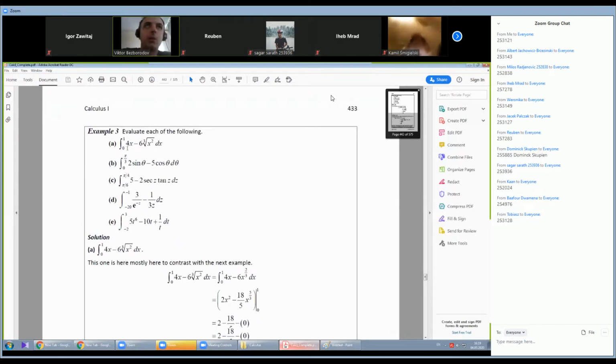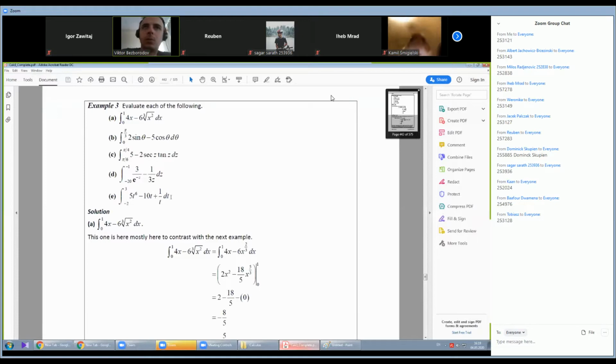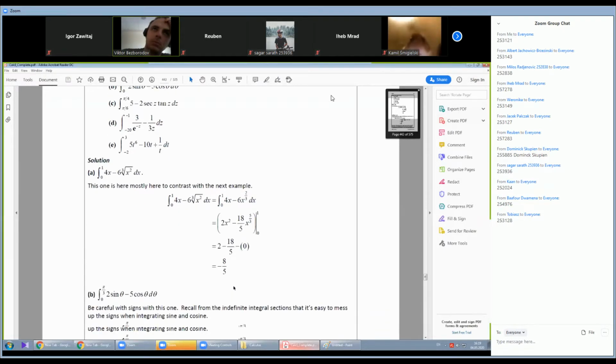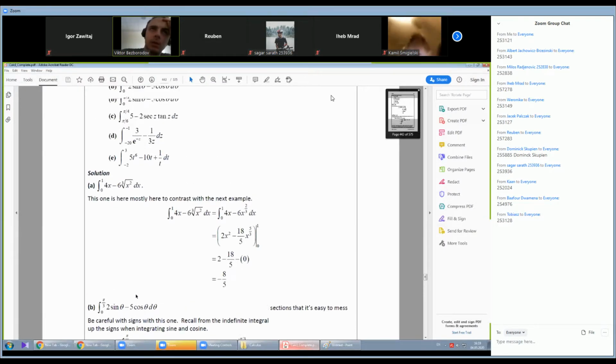Okay, so here are more examples. In the first example, you have just a sum of power functions, right? This is very standard. Okay, so let's do this one.